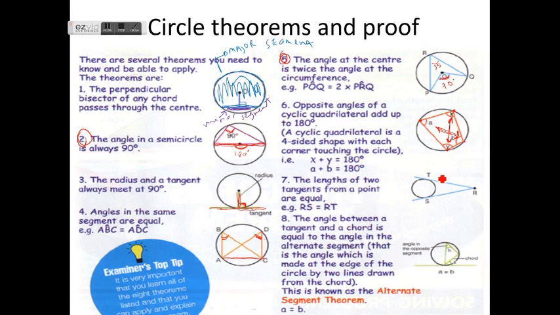You've got 2 tangents here, TR and SR. The distance from this point to the point outside the circle is the same as from this point to here, so you can say that these lines are equal. That's going to help us. You can form loads of triangles and quadrilaterals, because you know the properties of those. We're going to see that applied in the exam question.